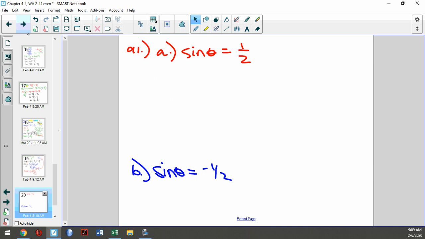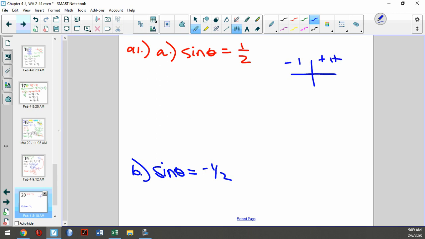You with me? So if I'm looking at 91 and it says letter A, the sine of theta is equal to 1/2. Well, okay. The very first thing your brain needs to understand is this right here. Tired of that yet? Where is the sine positive? Sine is dealing with which value? Sine deals with your y value. And where is your y value positive? Your y value is positive in quadrants 1 and 2.